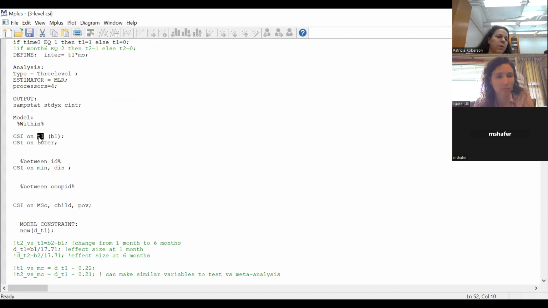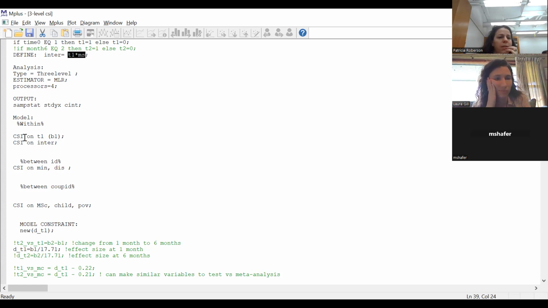The way Mplus works is your outcome variable is regressed onto your input variable, which is technically what the term regression means. So CSI is regressed onto time 1, and I have some interaction terms here, looking at the interaction between time and marital status, which is married or cohabiting.